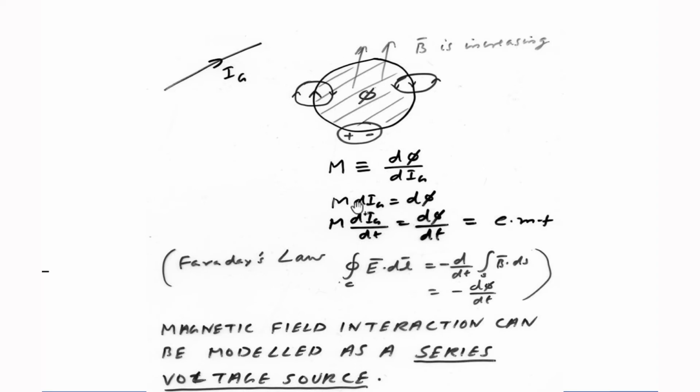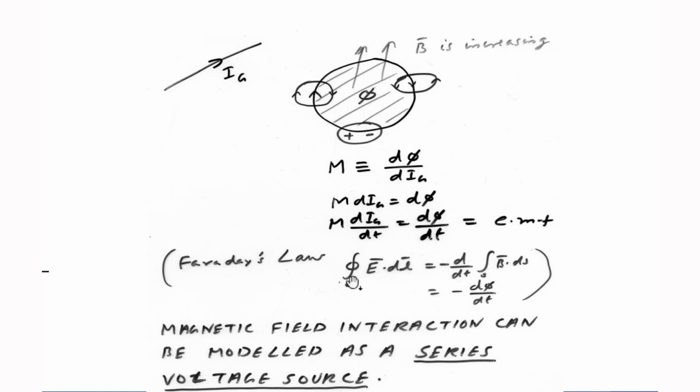So M dI_G equals d phi. Now you take the time derivative on both sides: M dI_G by dt equals d phi by dt. So the rate of change of flux, from Faraday's law we have seen, is just like an EMF, a source of voltage. So d phi by dt can be equated to minus d by dt of the surface integral of B dot dS.